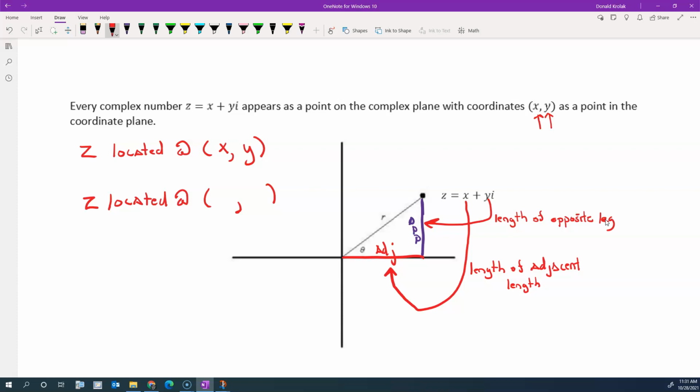So this right here is the length of the adjacent leg, and this is the length of the opposite leg. Let's figure out what those lengths are.